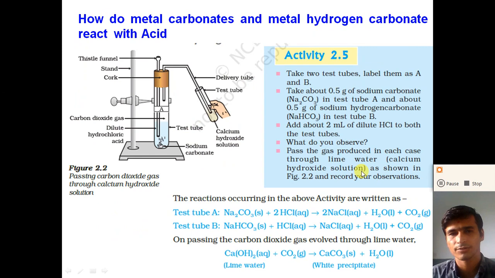So now dear student, we understand the second chemical property of acids and bases. How do metal carbonates and metal hydrogen carbonates react with acids? We will see with the help of an activity.